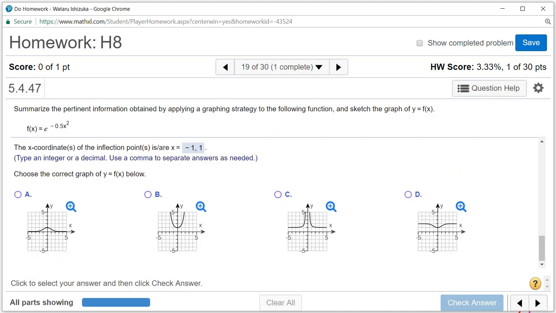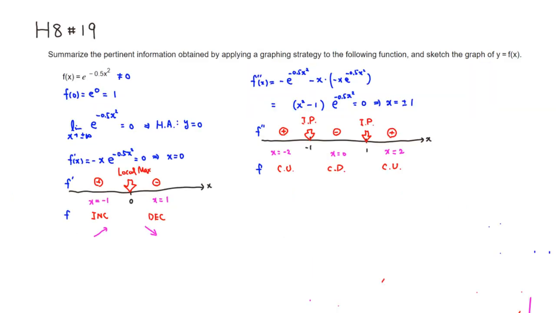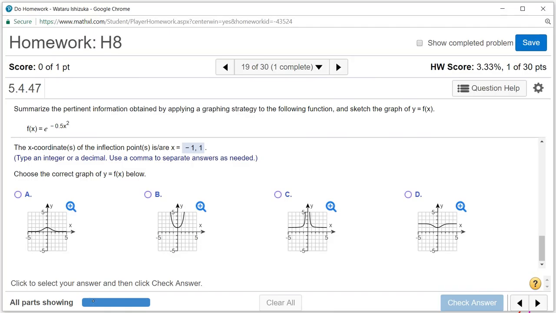All right, then we'll have to choose the correct picture. So let's go back and look at the shape. It has to be increasing, turning into decreasing. So let's check that. The first one looks okay. B doesn't follow that increasing, turning into decreasing.